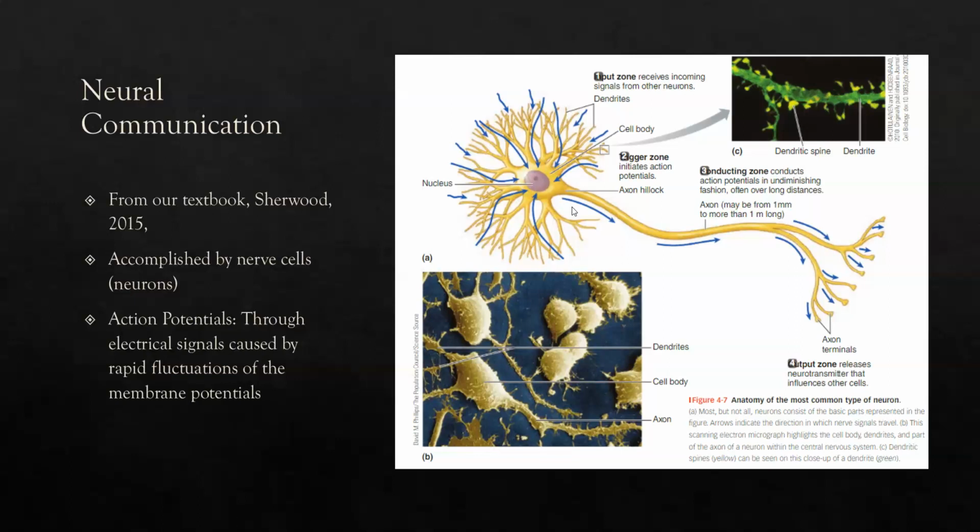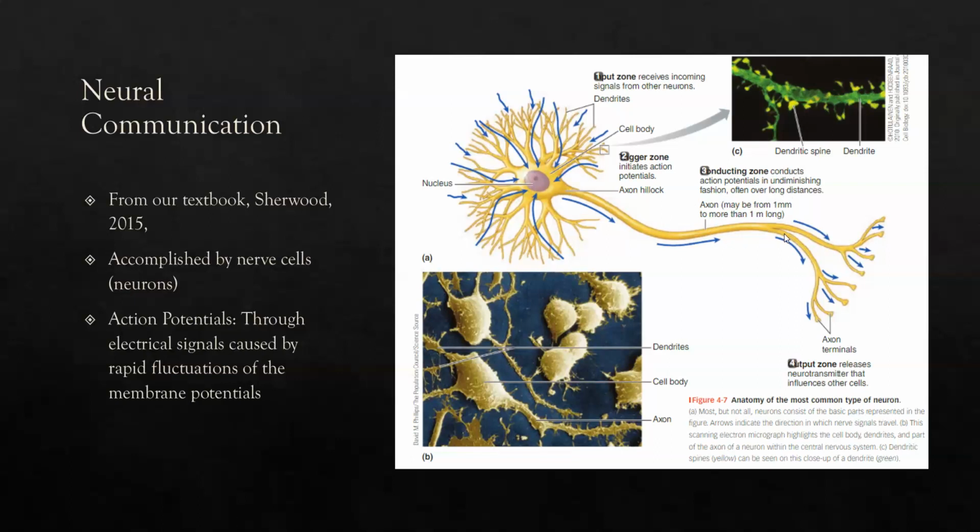It is initiated here at the axon hillock, and then it travels down the axon, and we go into zone 3, the conducting zone. This is where the action potential is being transmitted and where all of the chemical membrane potentials are fluctuating, and we'll see that in another picture and a graph coming up. But here, the axon hillock is where the action potential is generated.